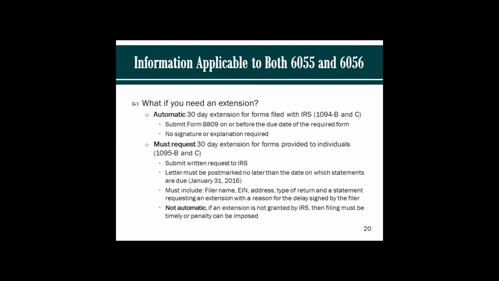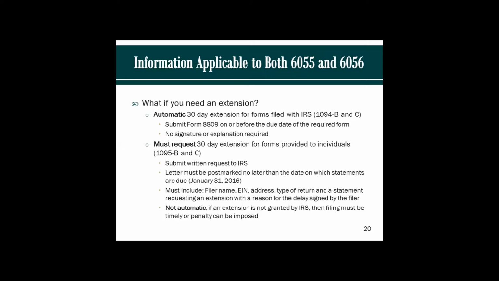So if you don't believe that you're going to meet your requirement to file your Form 1095-B with the IRS, then request an extension. With the form that goes to the IRS, you do have to send in a request, and it's on Form 8809. And with that, you will get an automatic 30-day extension. You file it, as long as you file it before the day that the form is due, you would get that extension.